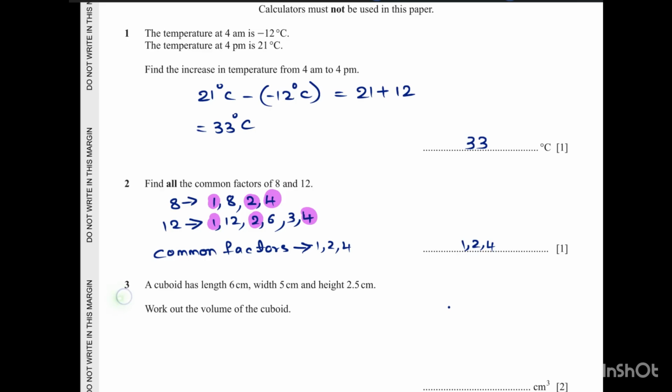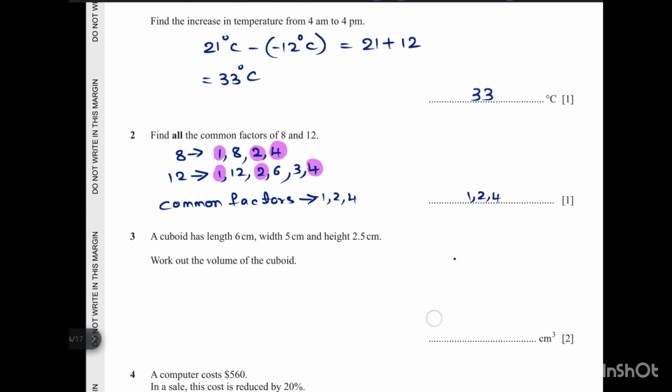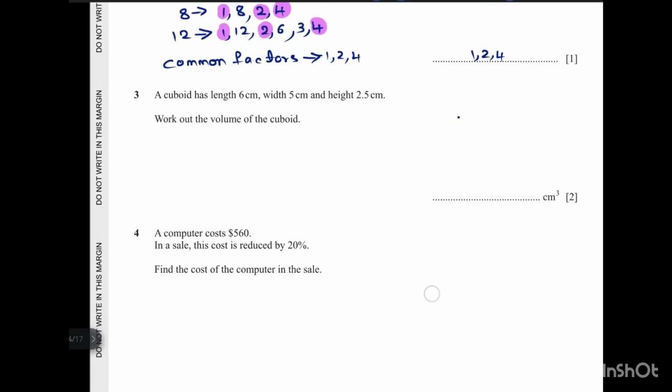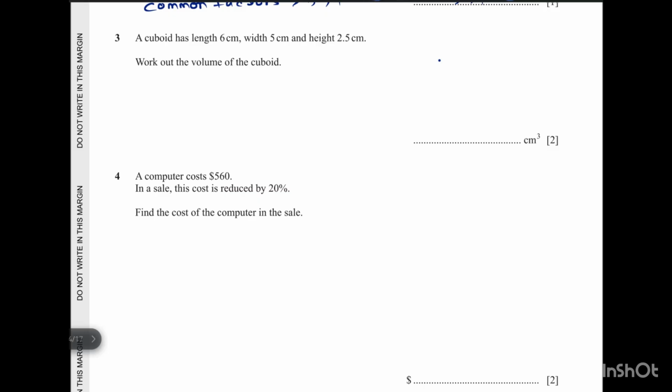Question 3. A cuboid has length 6 cm, width 5 cm, height 2.5 cm. Work out the volume of the cuboid. The volume of the cuboid formula is volume equals length into width into height.